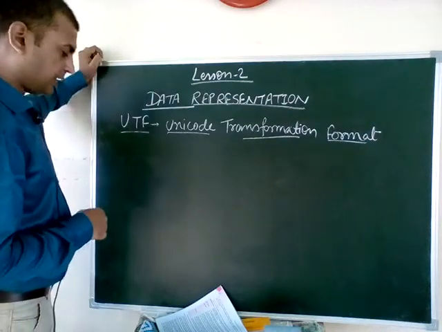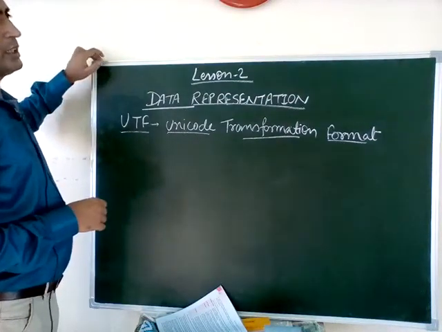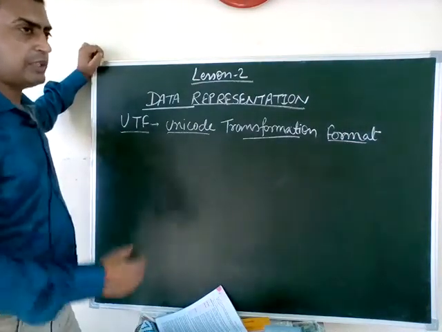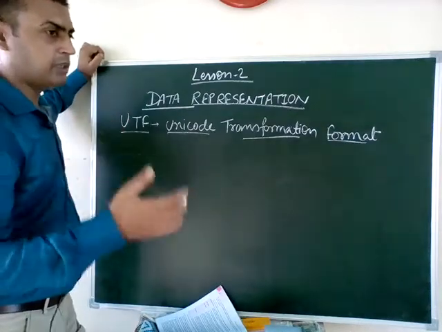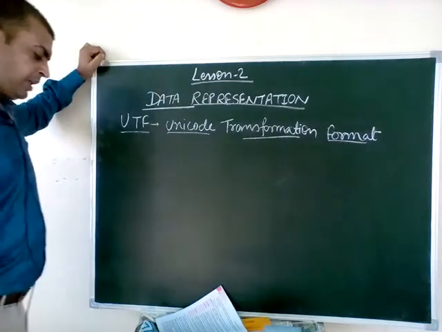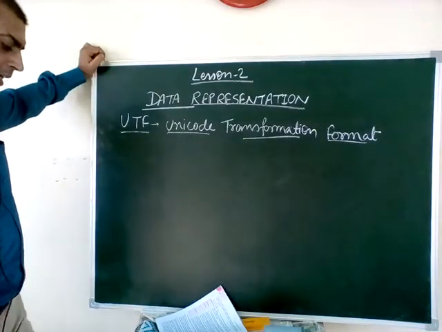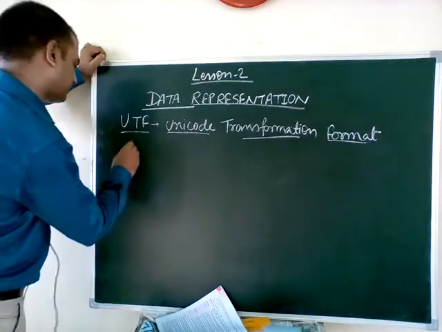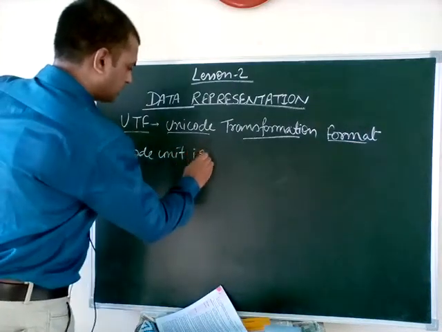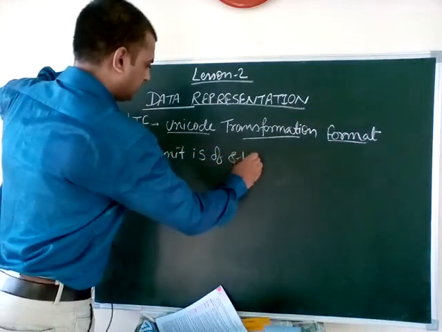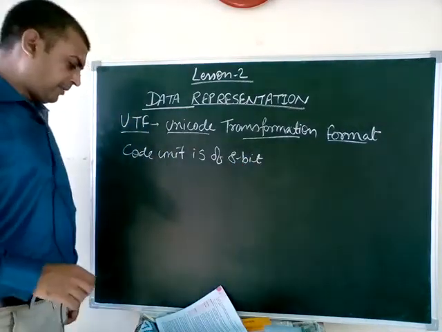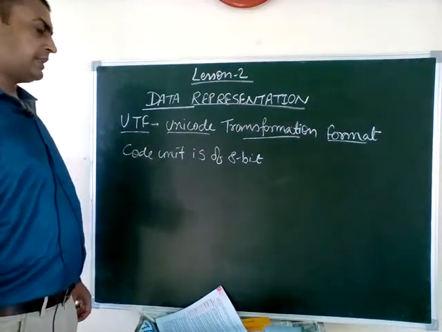Now in this, this is the variable length, and you must know that whatever the length of your message is, that will be acquired only, and the memory which is left behind will not be used. The code unit of UTF-8 is 8 bit, and it's called an octet.